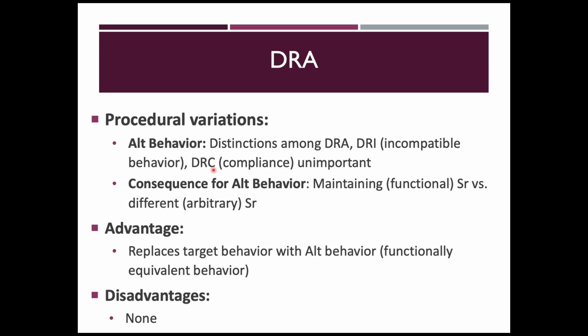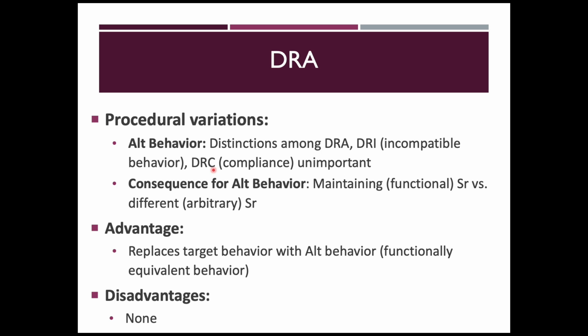Generally speaking, with DRA, particularly in the form of functional communication training, the alternative response typically results in the functional reinforcer. So for example, if problem behavior is maintained by social negative reinforcement in the form of escape, we could teach the individual to communicate for escape, let's say using a picture card.